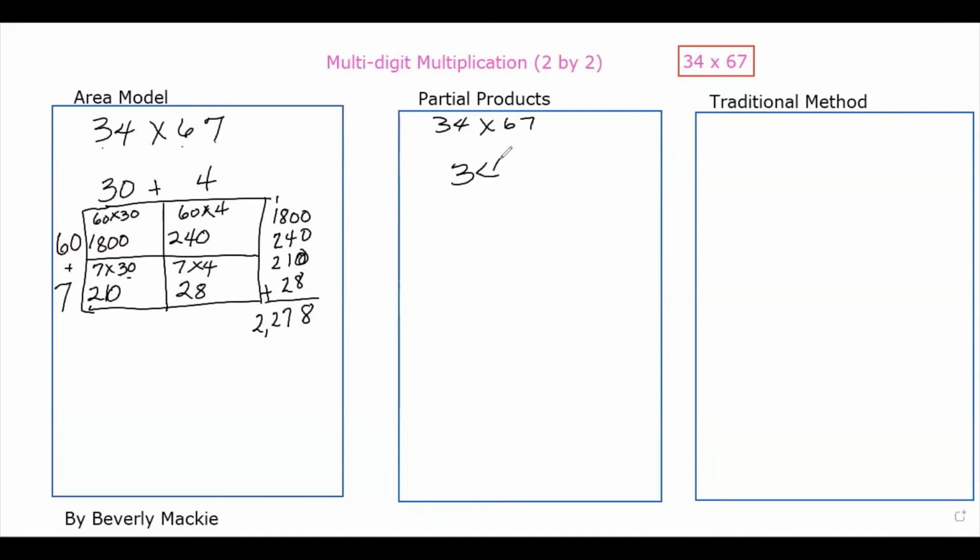So we're going 34 times 67. Now, 4 times 7. I'm going to write that on the side. 7 times 4. That gives me 28. Now write my partial product here. I'm just going to put an arrow to show that's where it came from.